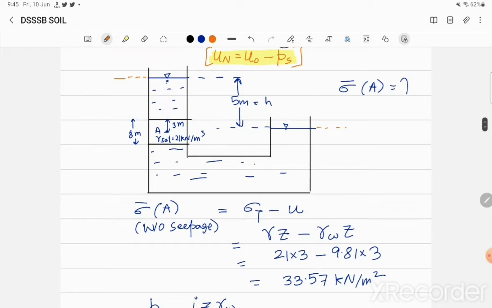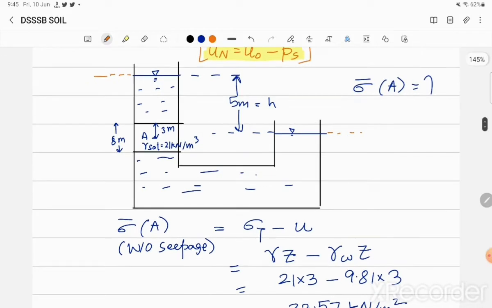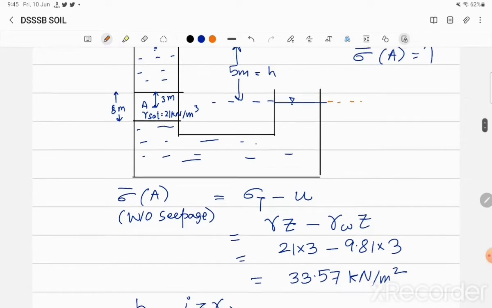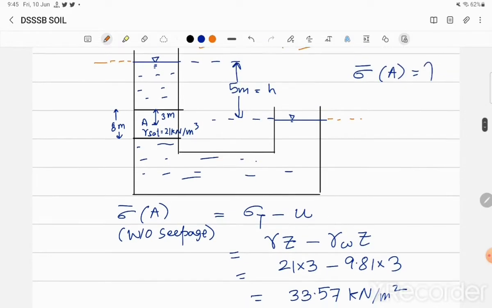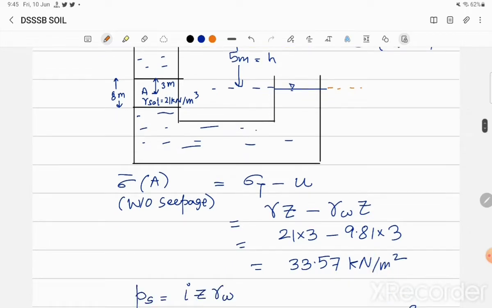Gamma saturated of the soil is given as 21 kilonewton per meter cube, and the length of the soil is 8 meters. Now first we'll find the effective stress at point A without seepage. That will be sigma T minus U, where sigma T is total stress and U is pore water pressure.